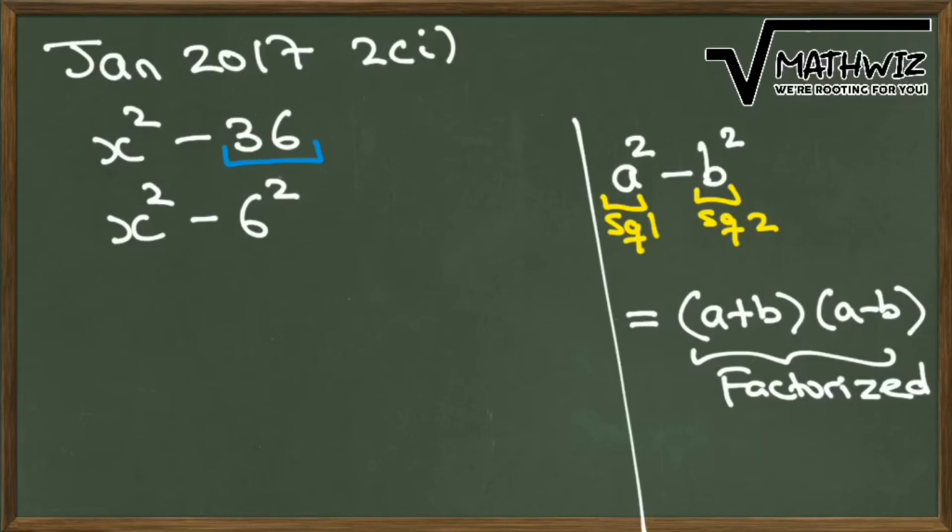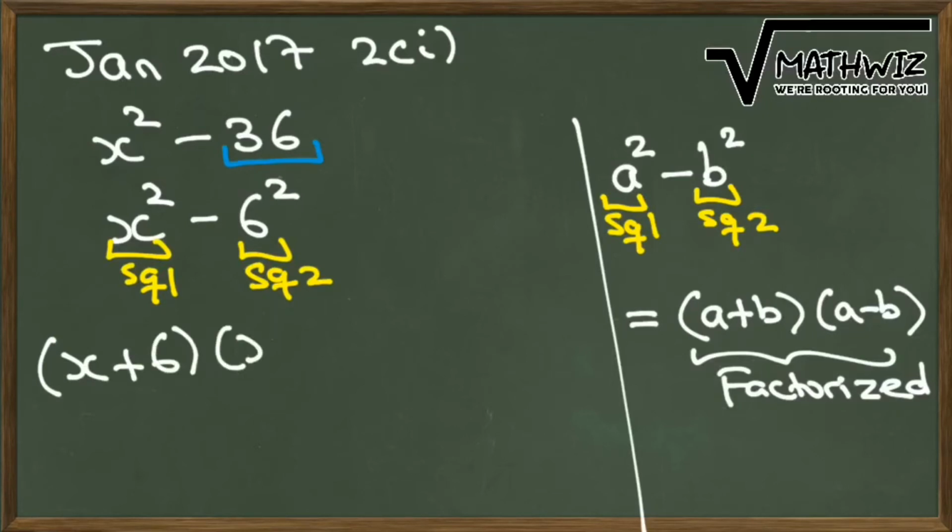Now it's in the form where I have square 1 minus square 2. So my answer is going to be a, which is the x, plus 6, x minus 6.